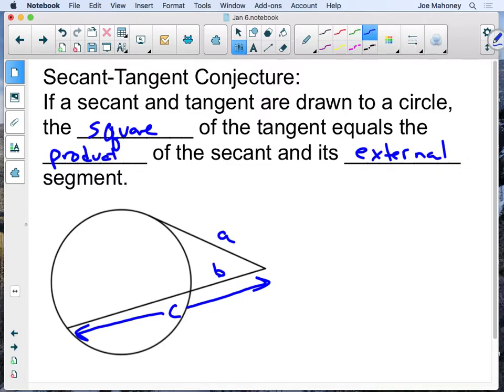Here's what this really says. It says that the square of the tangent, A squared, equals the whole secant and the outside part multiplied together. That's what it means. It's the whole thing times the outside.